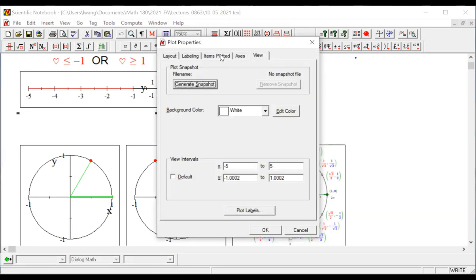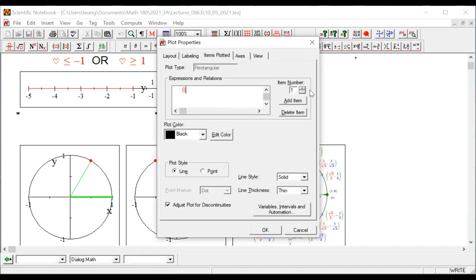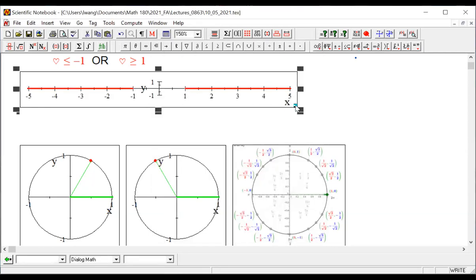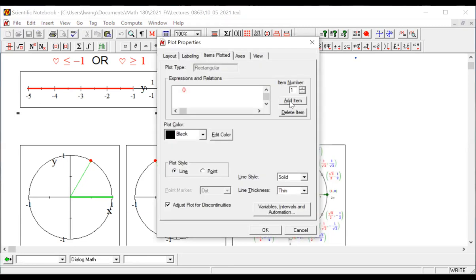And the other piece, I'm going to make this piece thicker. And the other piece I'm going to show you is that. These two pieces also include the points at the endpoints. I believe you might be familiar with these.